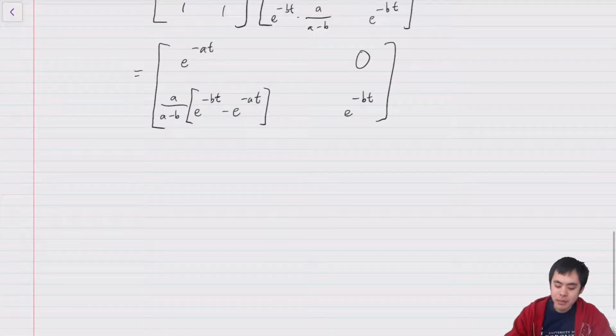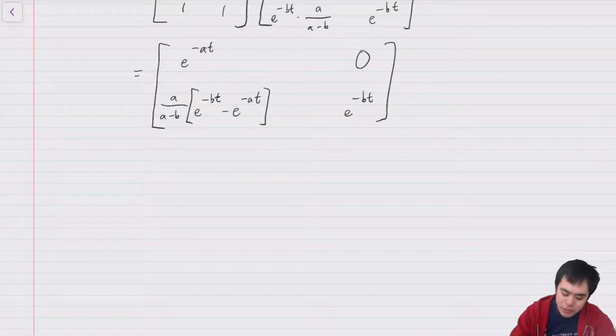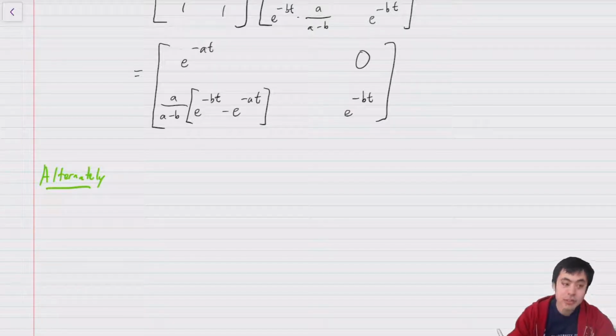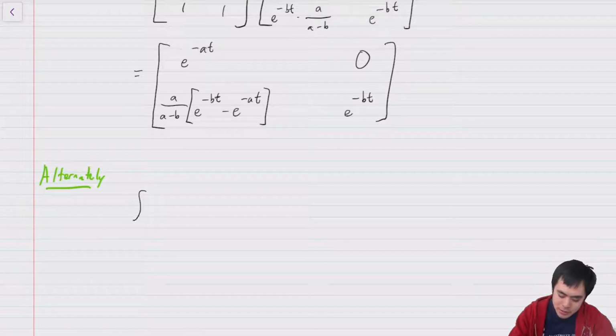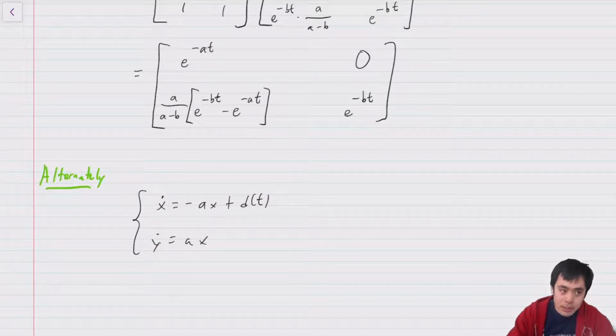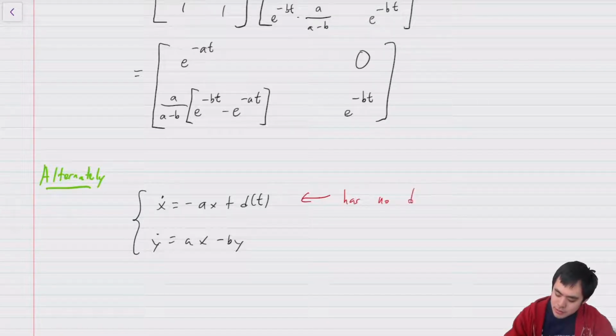Now, that's a little bit of a pain, because we do have to do a lot of matrix computations. Alternately, you might notice that the very first equation doesn't have a dependence on y, and so there's another way you can solve this particular system of equations. Notice that x dot is equal to minus ax plus d of t, and y dot is equal to ax minus by, and this has no dependence on y.